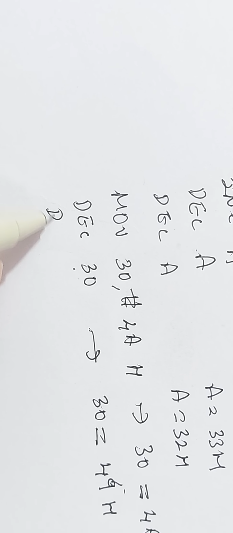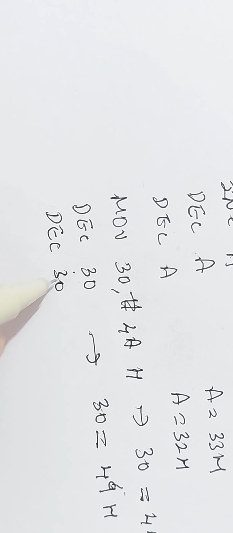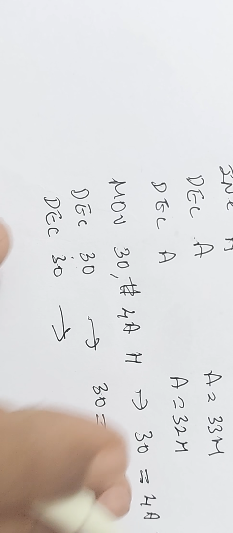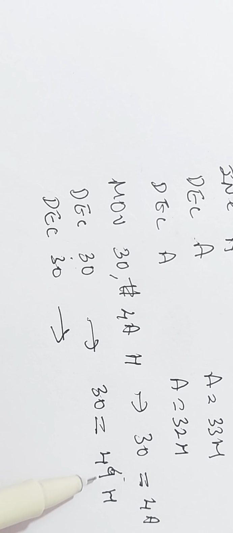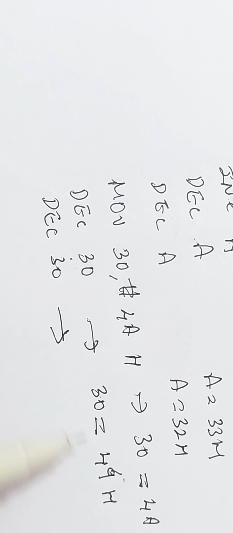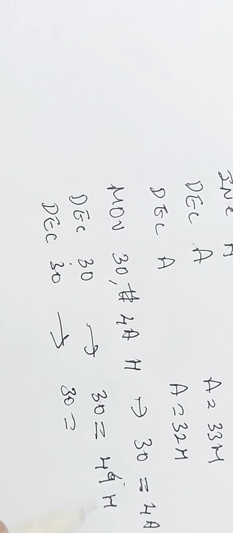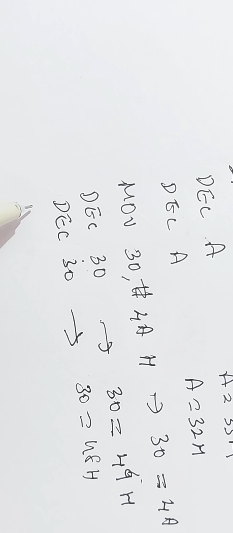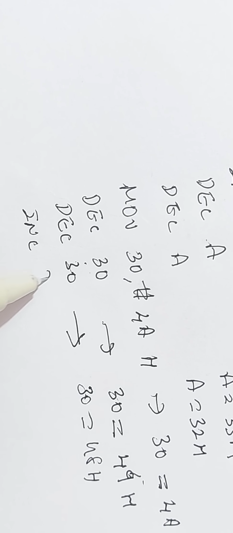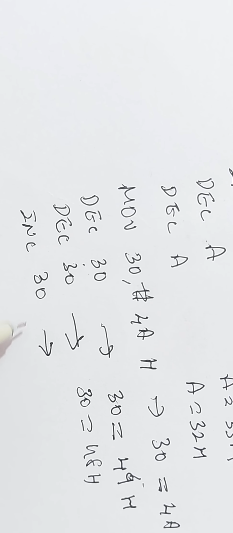Again, decrement 30 means whatever may be the number present in 30. What is the number present in 30 now? 49H. Decrease it by 1, which means now RAM location 30 contains 48H. If I write increment 30, the number present in 30 is 48H now.